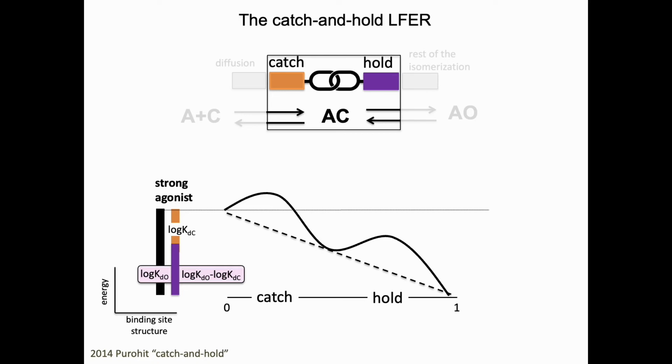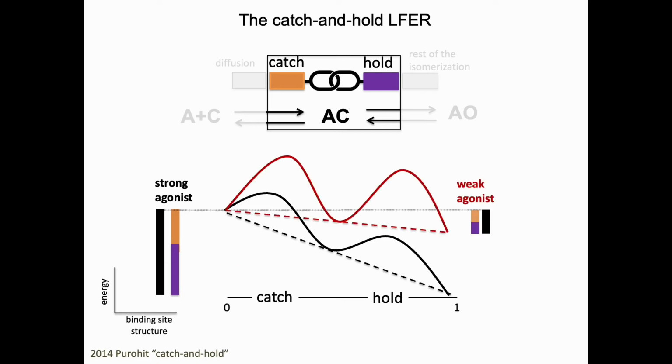Efficiency is where the middle of this curve is. It's the fraction of the overall energy change that is going to hold. And the key here is why do different agonists of different efficacies and affinities have the same efficiency? Why is there an efficiency class? Is because these two are tethered by a line.